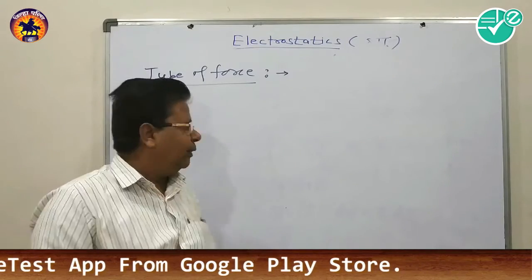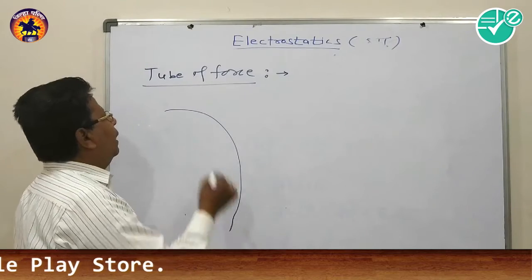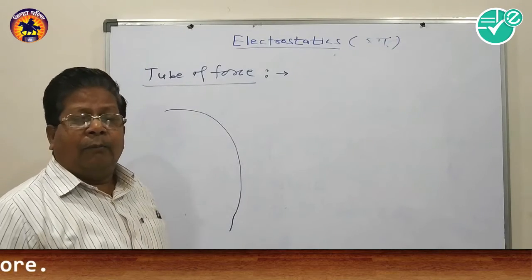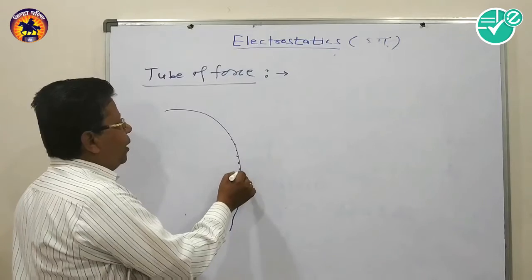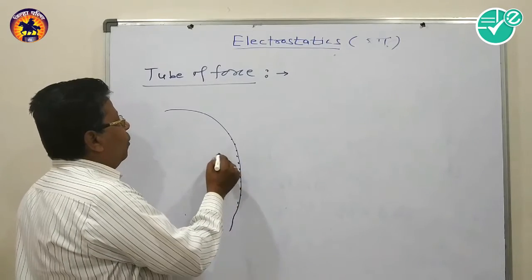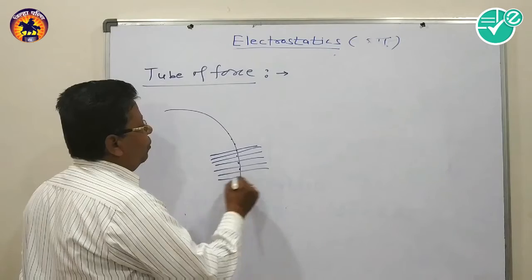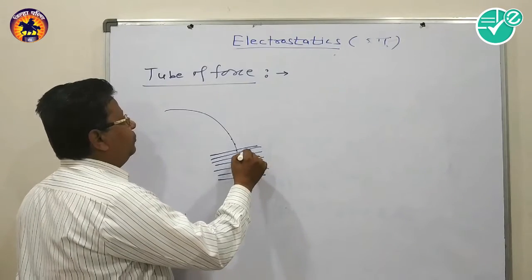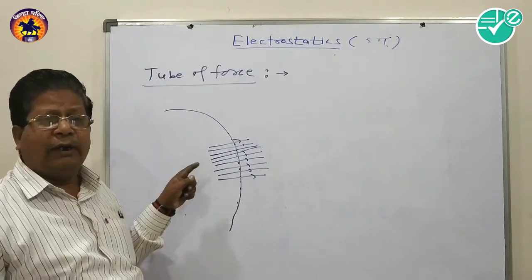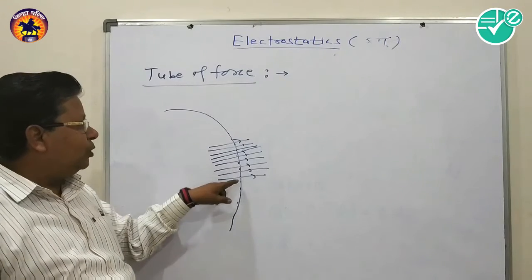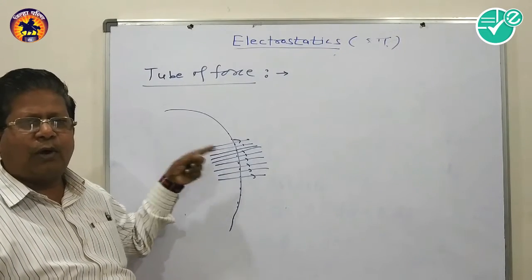Suppose this is the electric field formed by a point electric charge. Then at every point on this electric field we can draw a large number of electric lines of force, and it is impossible to distinguish one electric line of force from another.